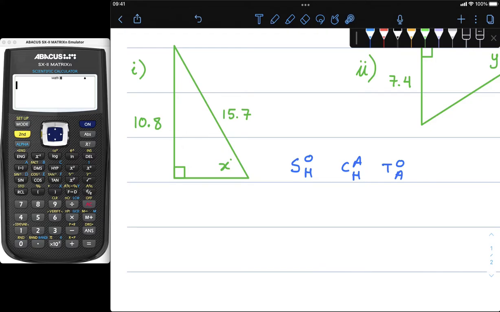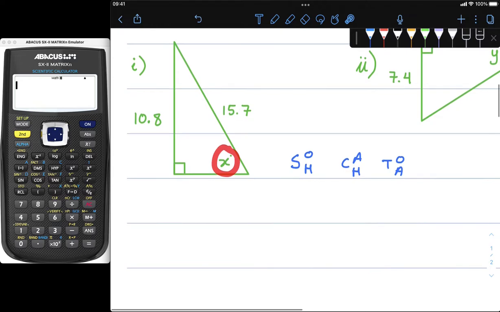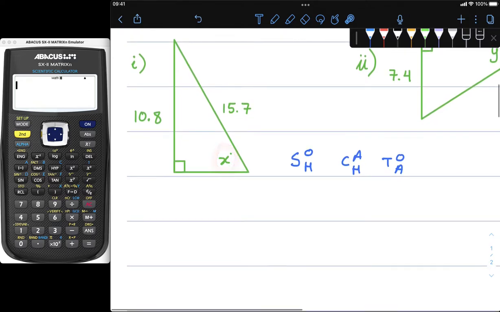From the angle, notice how the angle's missing this time, it is opposite, so O, and here we have the hypotenuse because it's being pointed to from the 90 degrees. There's only one thing here that uses opposite and hypotenuse, and that is sine.